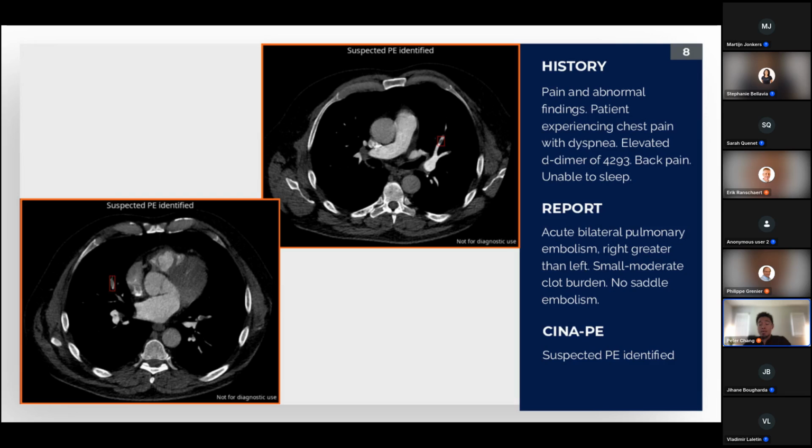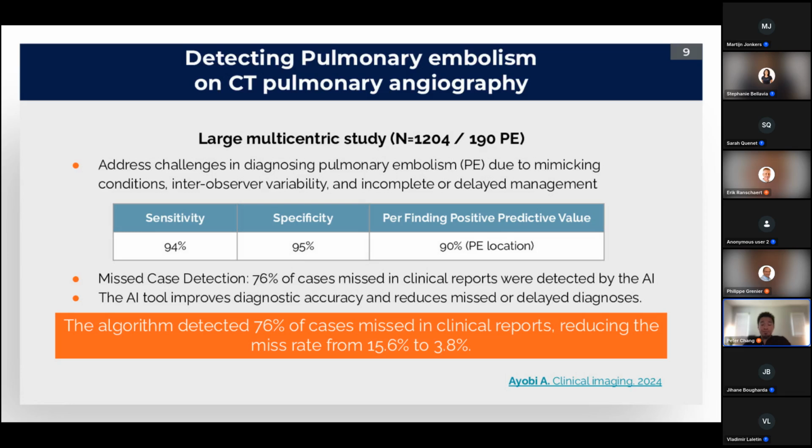Here, with the use of machine learning, we see that interpretation speed for positive cases is significantly reduced, oftentimes reported in less than 10 or 15 minutes from the original acquisition.